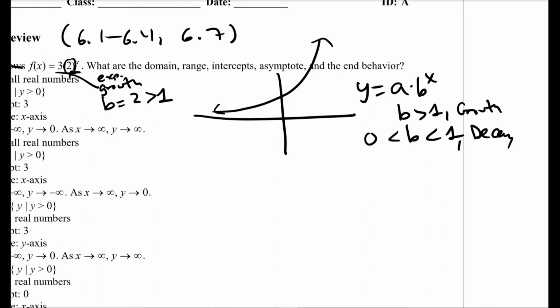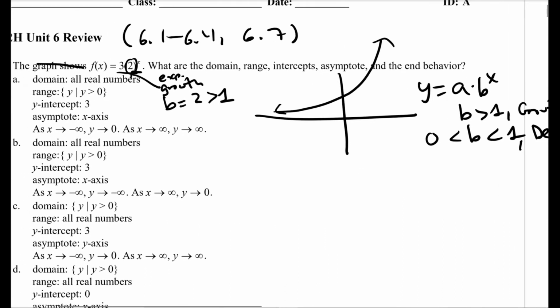This is how it looks if it's a decay. This graph in black is growth. Decay is the red graph. So if it were decay, it would look like the red. Since we know this graph is a growth, it looks like the black graph here.